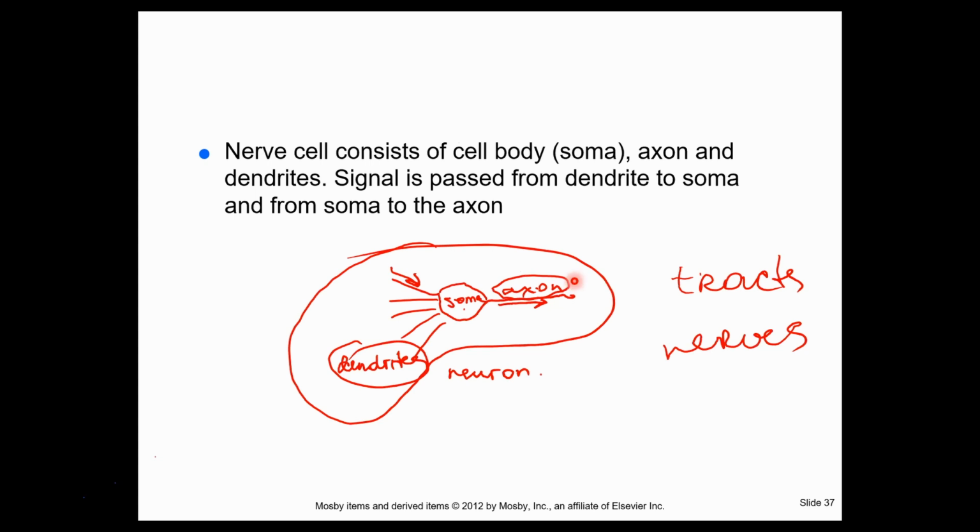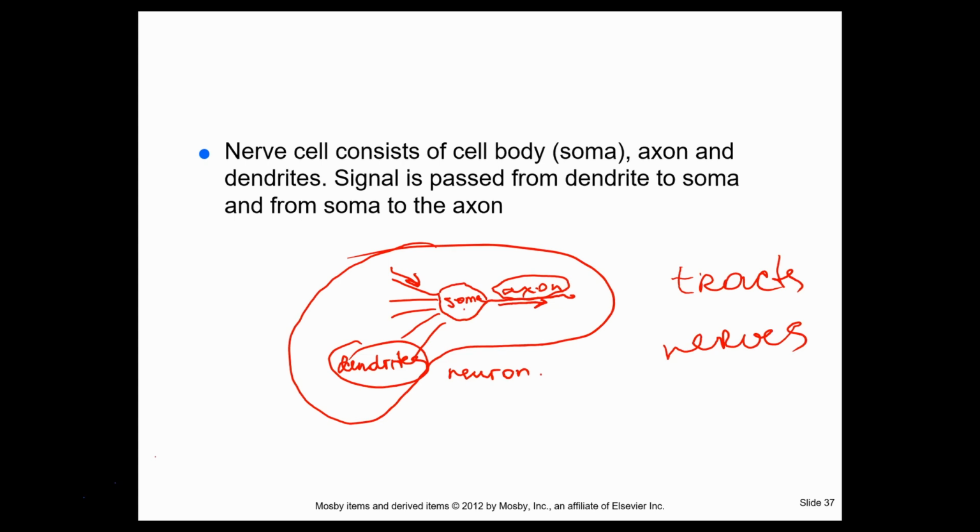Also, nerve cells are one more we need to mention. The nerve cell consists of 3 parts. What are those 3 parts? The nerve cells, they are called neurons, consist of 3 parts.